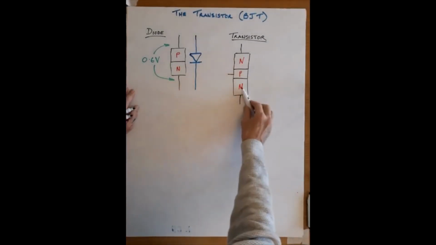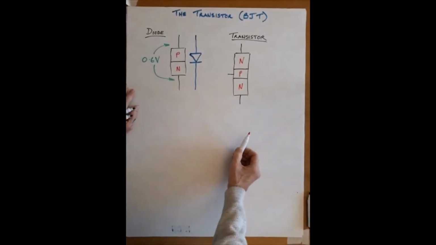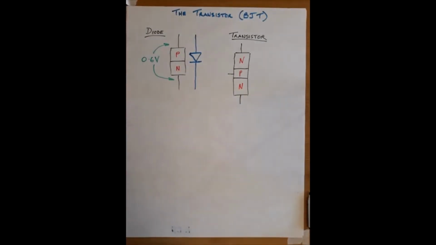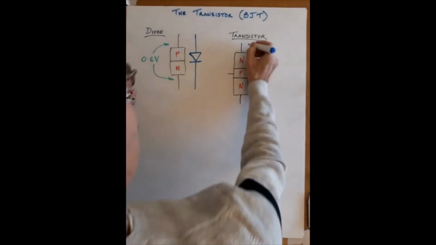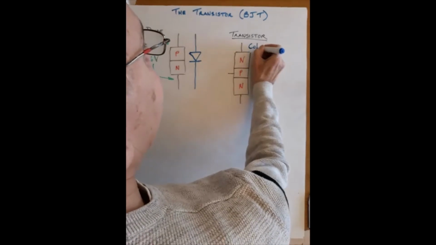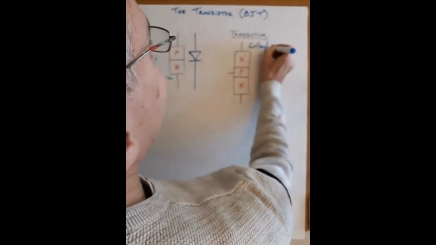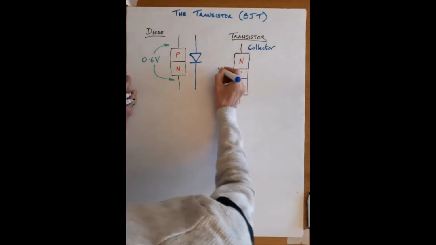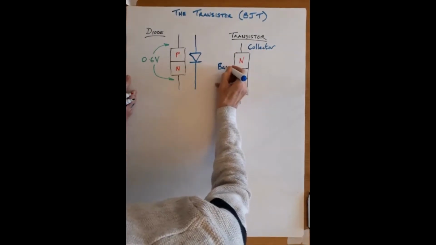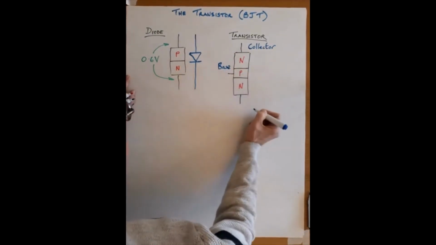So we have a sandwich of N and P type materials, and the terminals are called the collector, the base, which is the middle one, and the bottom one is the emitter.